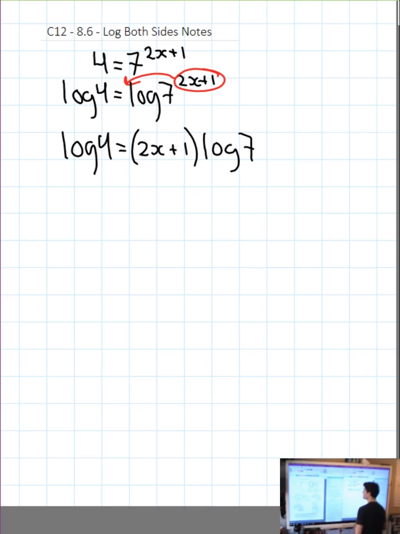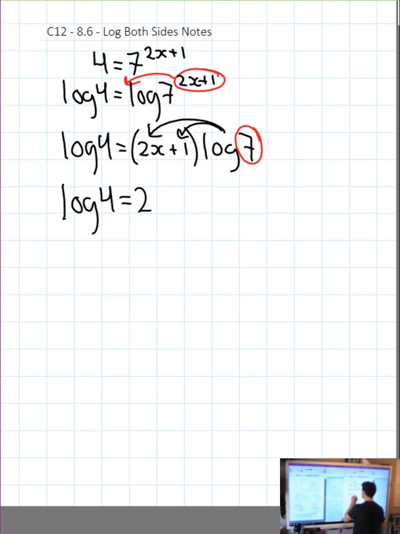Now remember, I can distribute a log into a binomial, but I can absolutely not distribute into a log. So we have log 4 equals 2x log 7 plus 1 log 7, and that 1 is unnecessary.